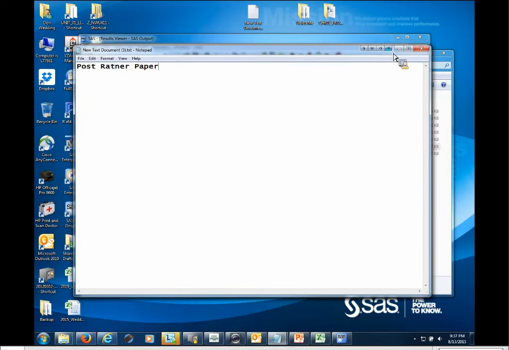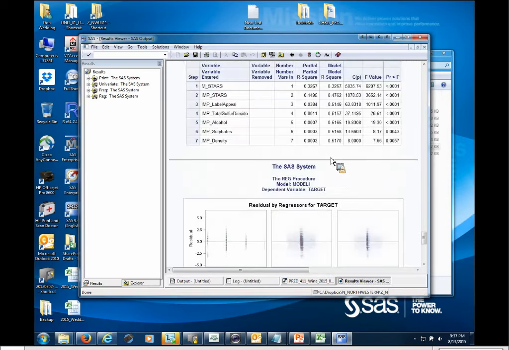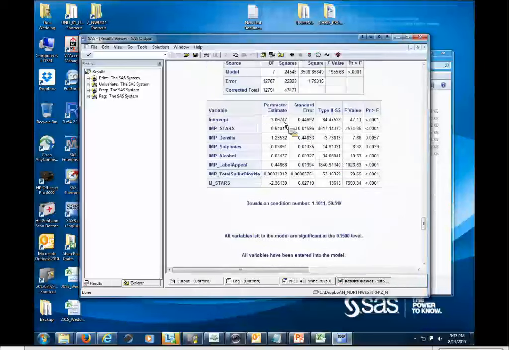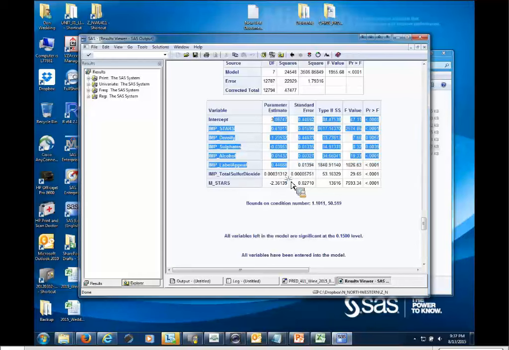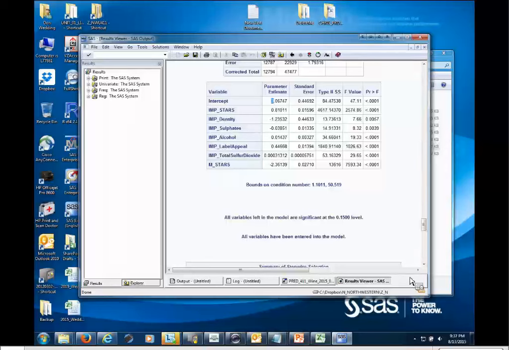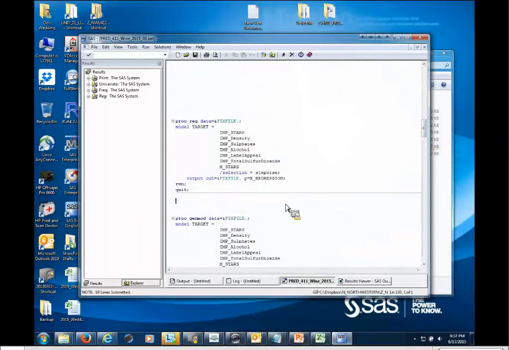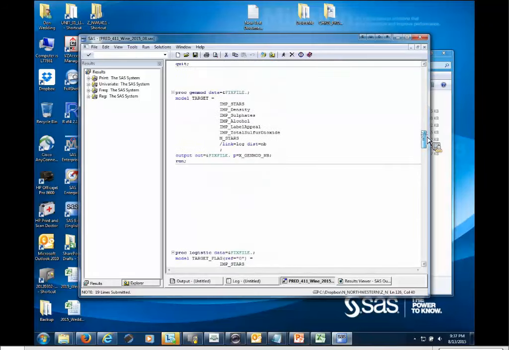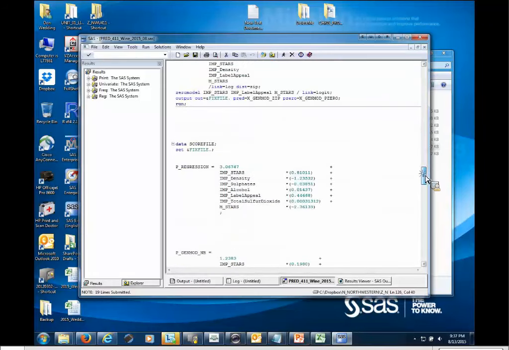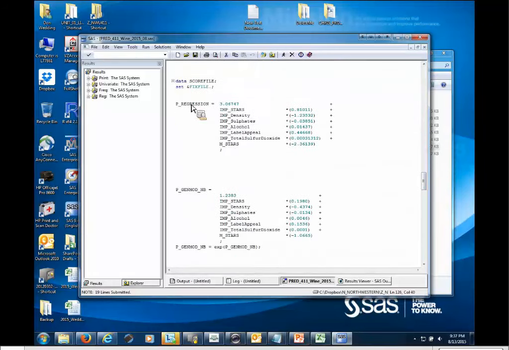There we go. Okay, so if you look at the coefficients real fast, these were the coefficients that came out of there. Now if I go down a little bit, this is the proc regression, and incidentally, I output the values here, and then I'm going to calculate the values. So I come down here, and when I'm doing my score code, this is what the regression did.